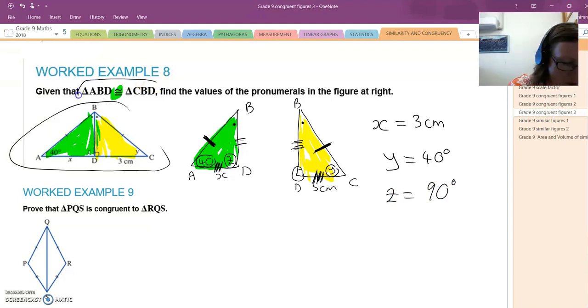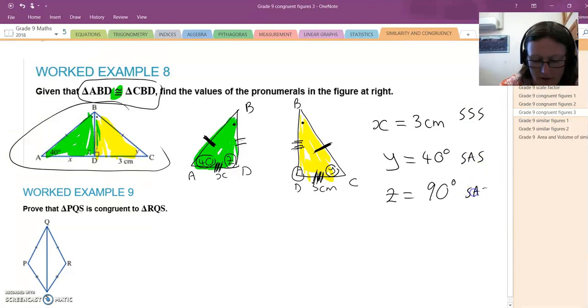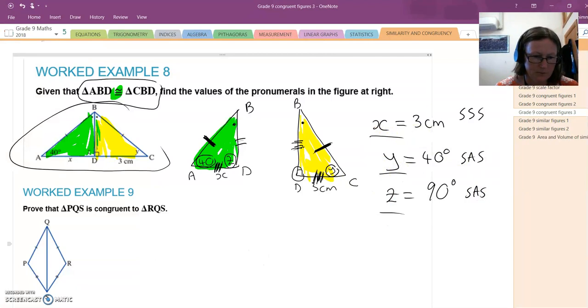So if we are told that the triangles are congruent, then using our knowledge, in this case the SSS rule, and in these cases the SAS rule, we can find the value of these pronumerals.